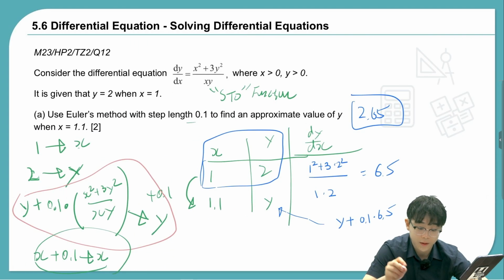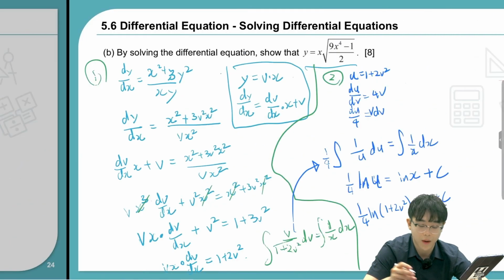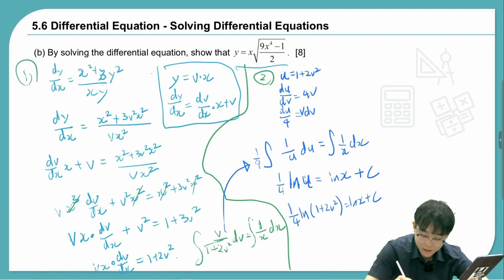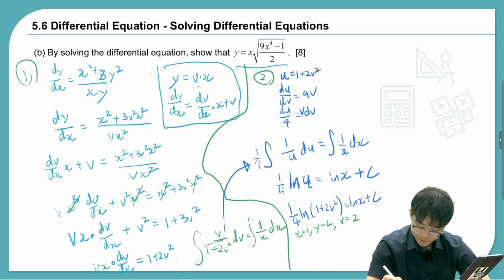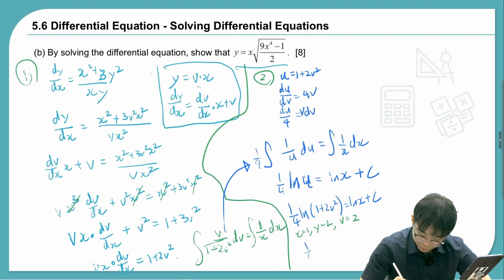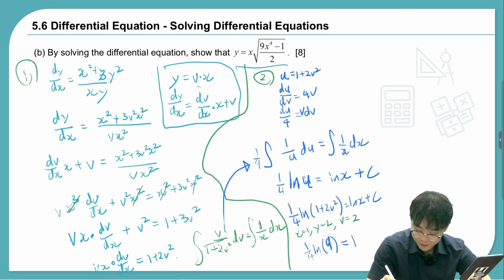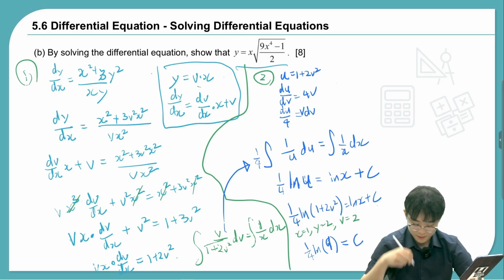Well, if you go to the earlier question, it says when x is 1, y is 2. Since y is v times x, v would then be 2 as well. If we substitute that in, we get 1 over 4 times ln 9, because v is 2, equals ln 1 plus c. But ln 1 is 0, so we get just c.